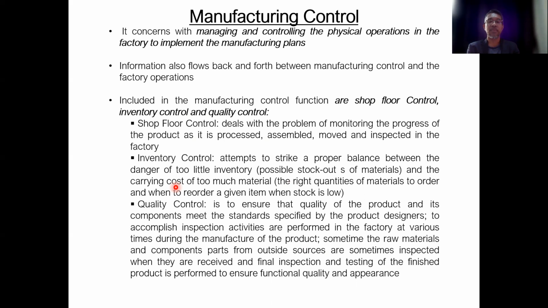To make a better balance on the material inventory, the inventory control department or engineer needs to study the right inventory to have in stock, the right quantity of material to order, and when to reorder again.